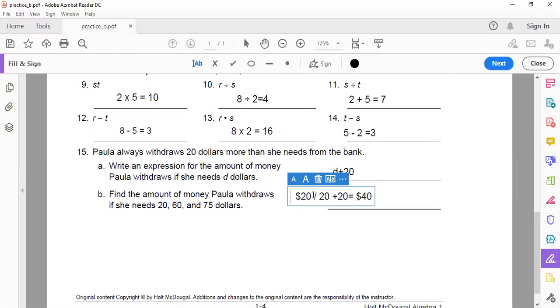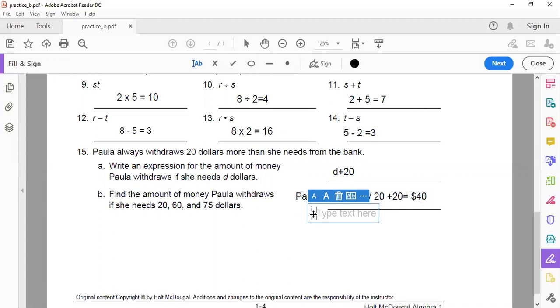So when Paula wants, I'll write here. If Paula needs $20, she will withdraw $40. What if Paula needs $60?